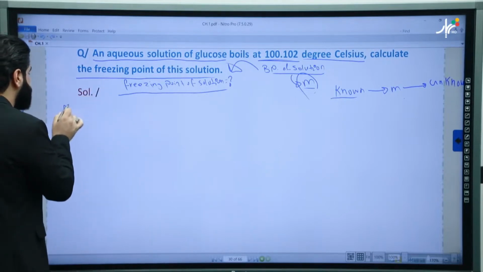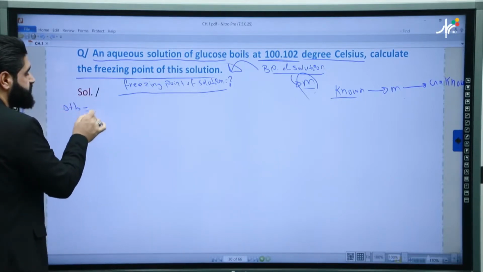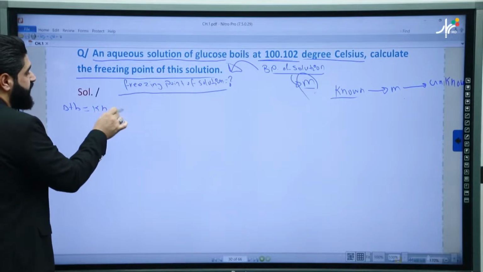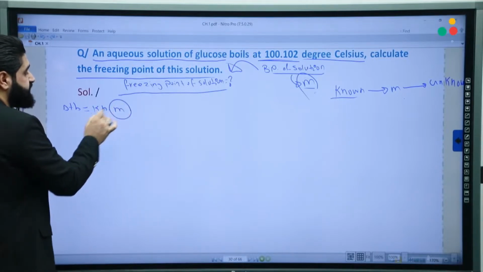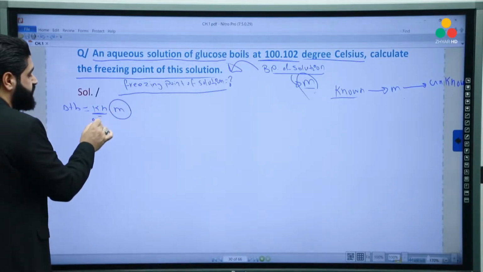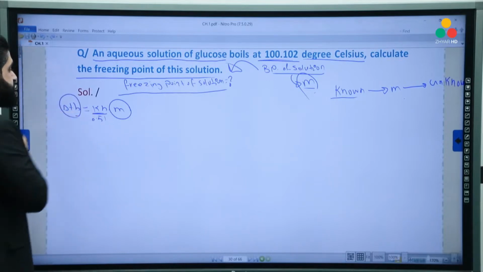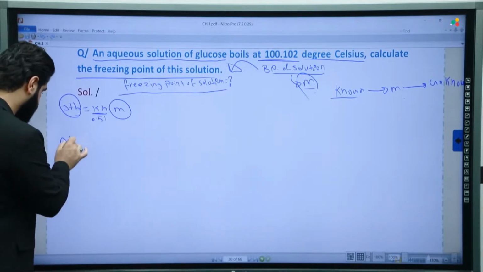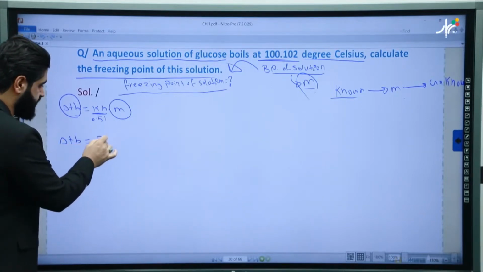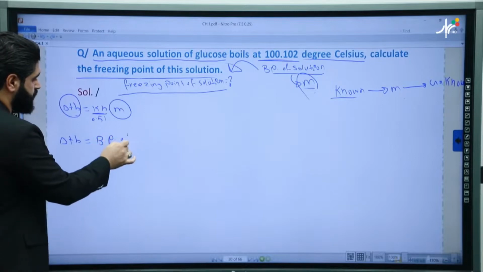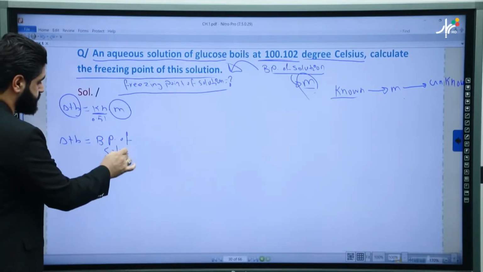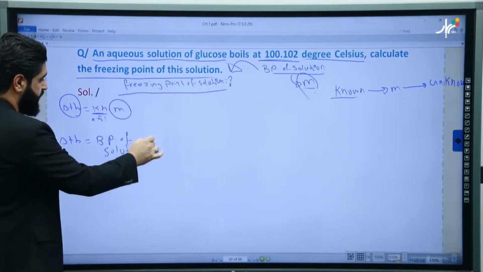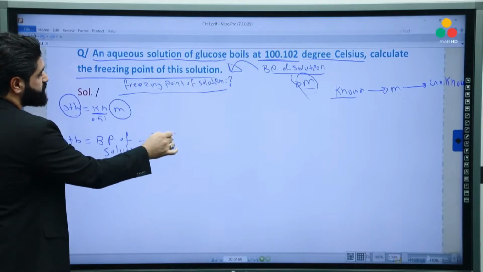So delta TB equals KB times molality. We are looking for molality and we have KB, which is 0.51, but we don't have delta TB. So we have to calculate delta TB firstly. Delta TB equals boiling point of solution minus boiling point of solvent.